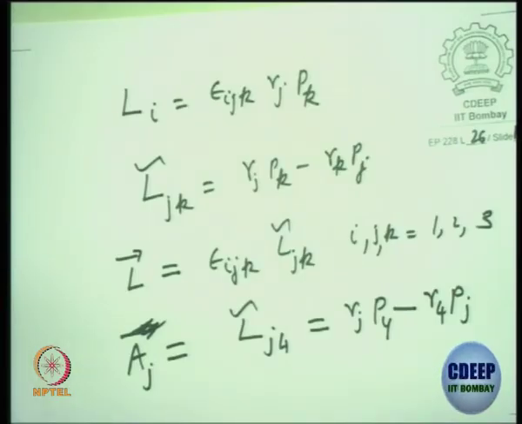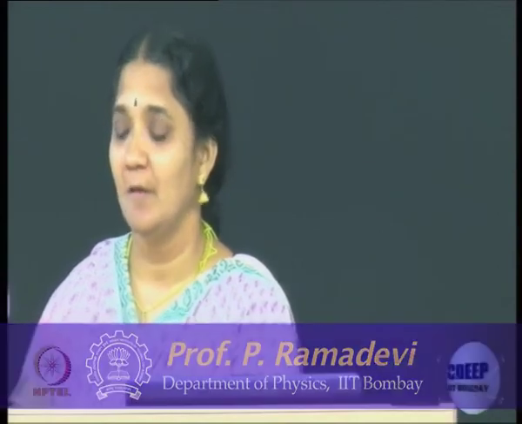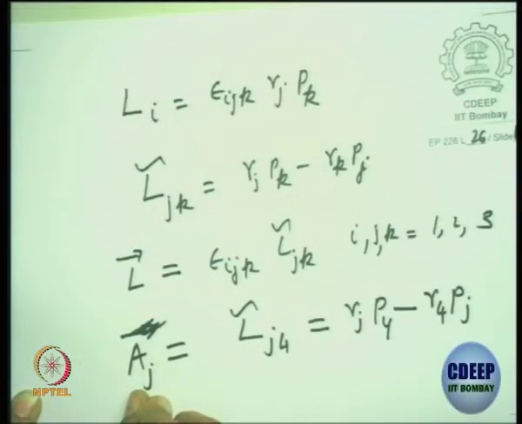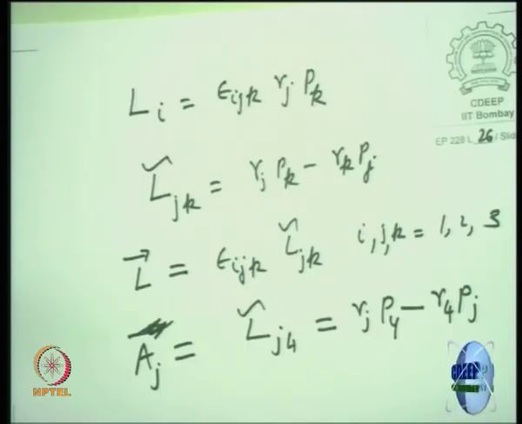Think about it, just to kindle some interest in those of you who would like to go and look at some things. The three generators of the angular momentum, you can still work with as if you are in three spatial dimensions. But if you want to understand the Runge-Lenz vector which is conserved, you can introduce one more fictitious coordinate, the fourth coordinate for the position as well as the momentum, and write these as the four components of the Runge-Lenz vector. Okay, so let me stop here.